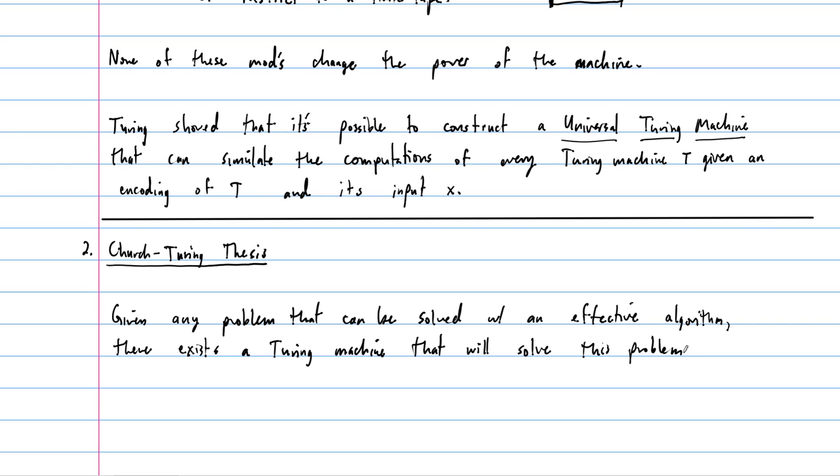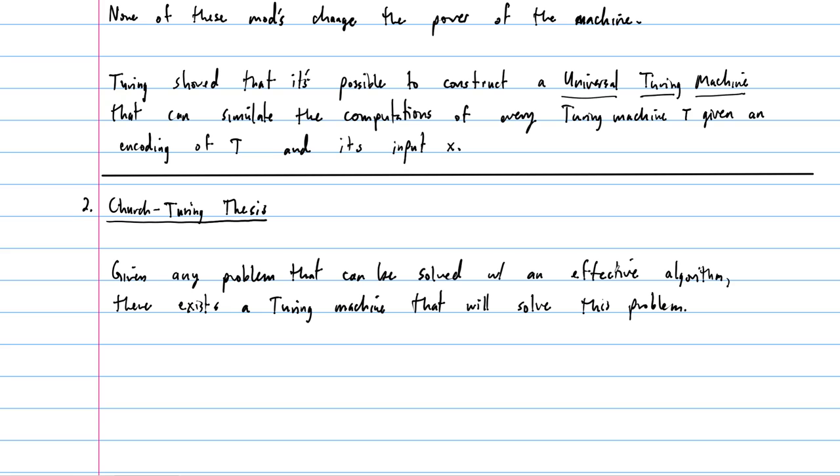Basically, any problem that can be solved effectively, with an effective algorithm, can be done by a Turing machine. You can build a Turing machine to solve that problem.